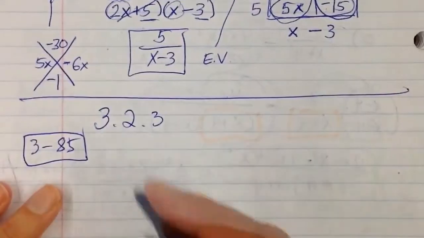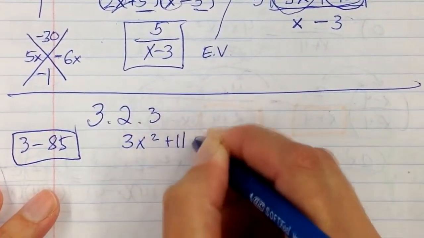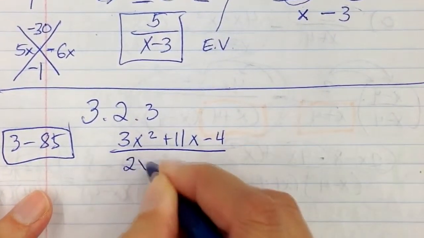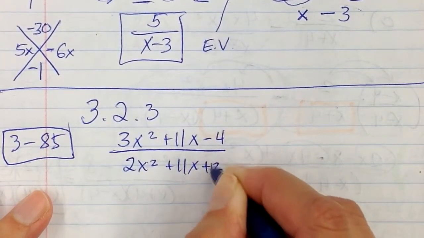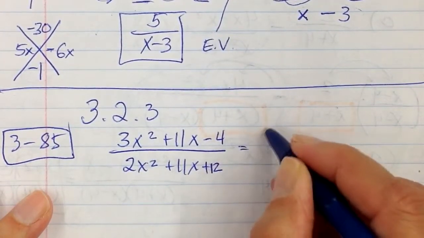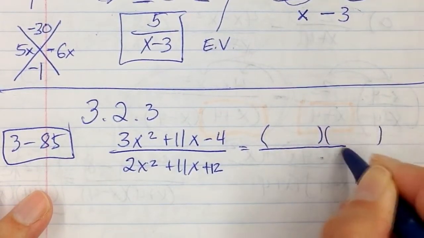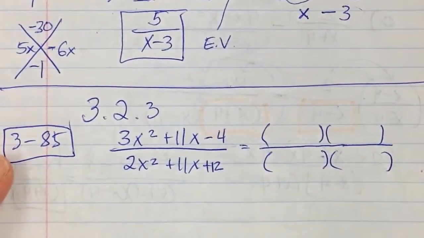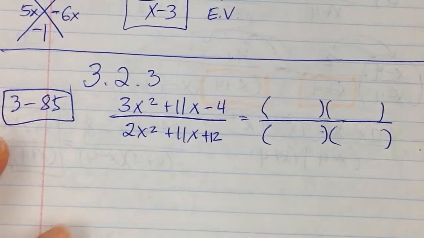So 85 says we have 3x squared plus 11x minus 4 divided by 2x squared plus 11x plus 12. And you are going to factor this down using the x's and the generic rectangles. Go ahead and take a second. Factor that.